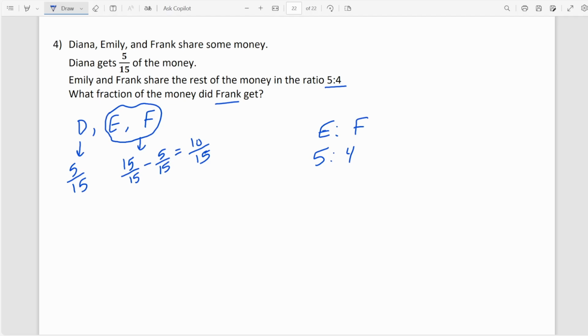Well, Frank has 4 parts out of a total of 9, and he is sharing 10 over 15 of the money, of the original amount of money. So we'll plug all these numbers on the calculator. We get 8 over 27. This is the fraction of money that Frank got, the fraction from the original amount of money.